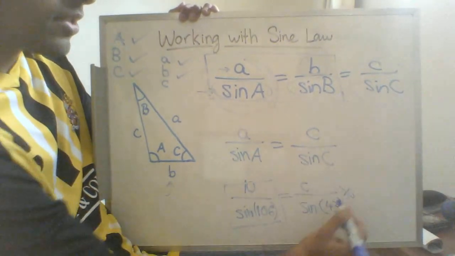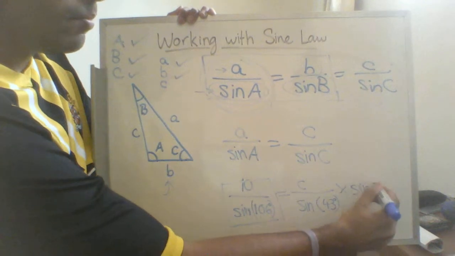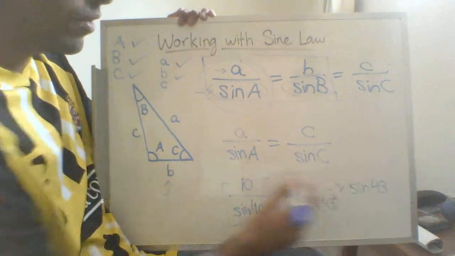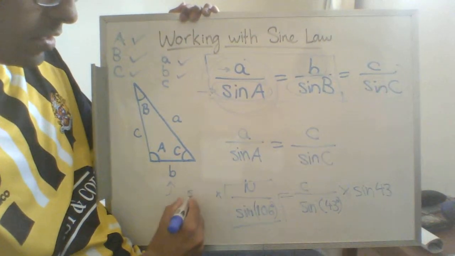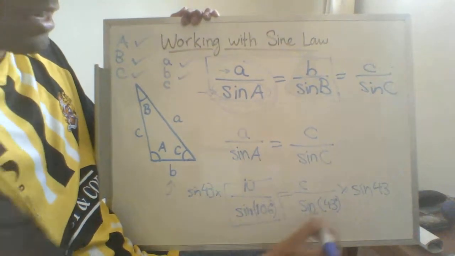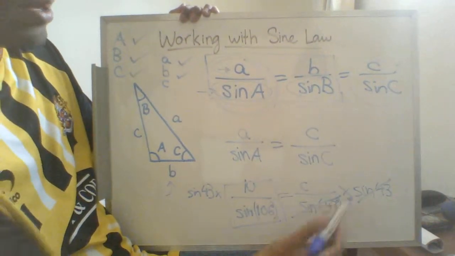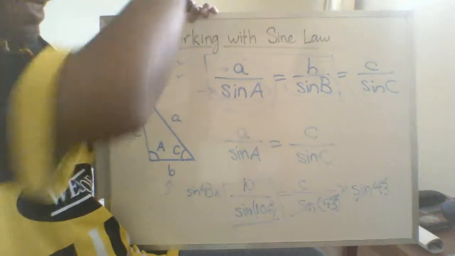So we multiply both sides by sine of 43, and that allows us to cancel this out on the right side. The sine 43 at the bottom and the sine 43 at the top cancel.